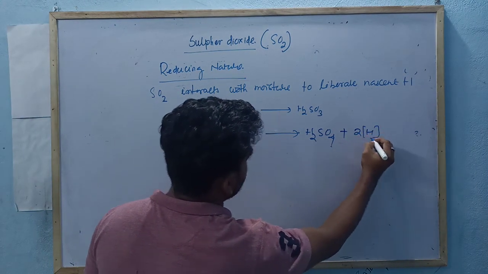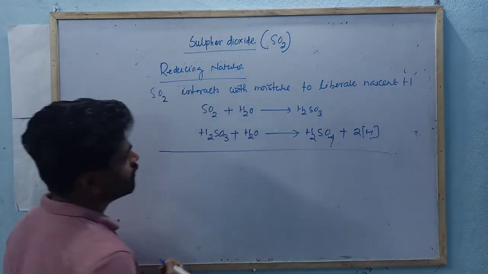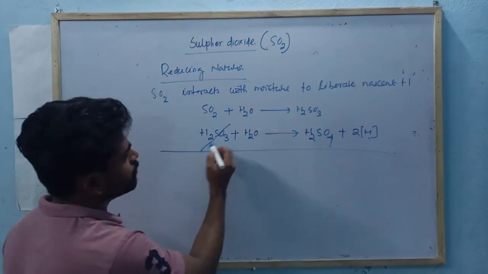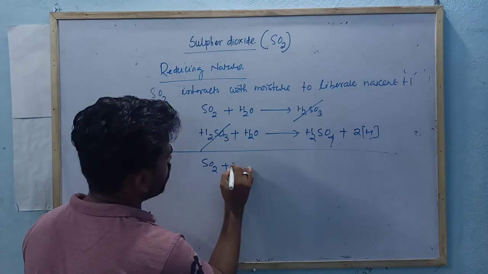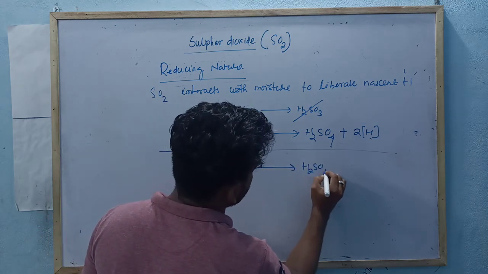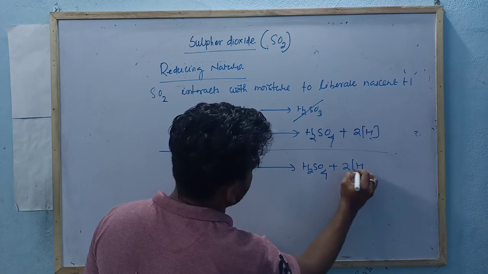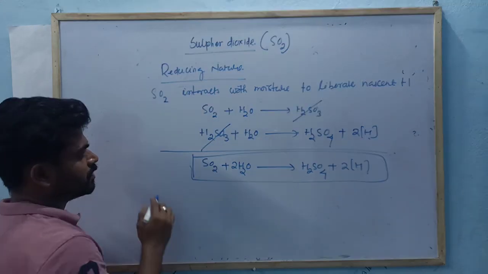If you add these equations, H2SO3 gets cancelled, so you get SO2 plus 2H2O giving rise to H2SO4 plus 2 nascent hydrogens. This equation is very important.